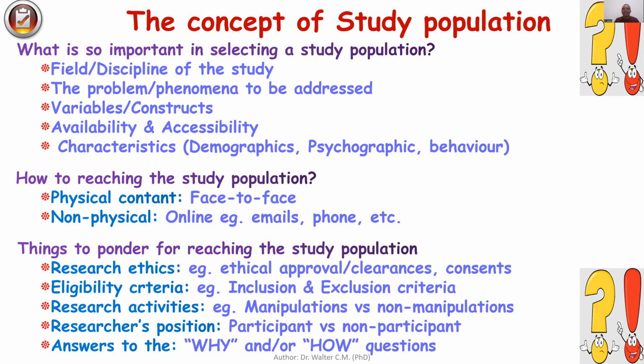If you are a participant, it means that when you go there collecting data, you are also part of the study population. So, for instance, you are doing qualitative research, finding some cultural norms relating to the eating habits among disabled people.